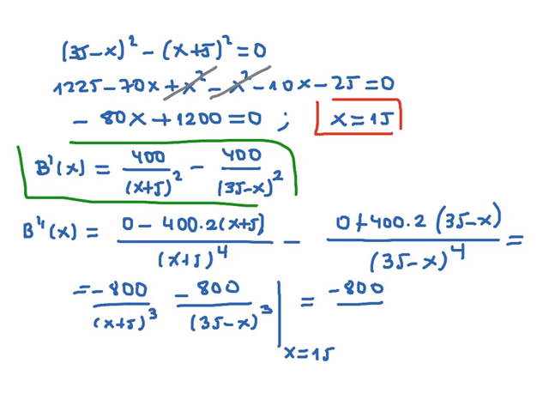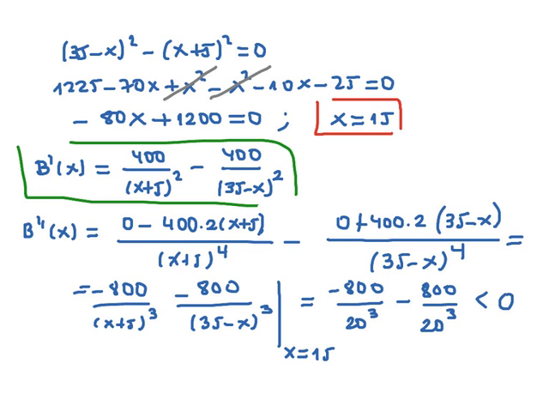Now we replace the value of the critical point and we get minus 800 over 20 cubed minus 800 over 20 cubed, which is a value less than 0.